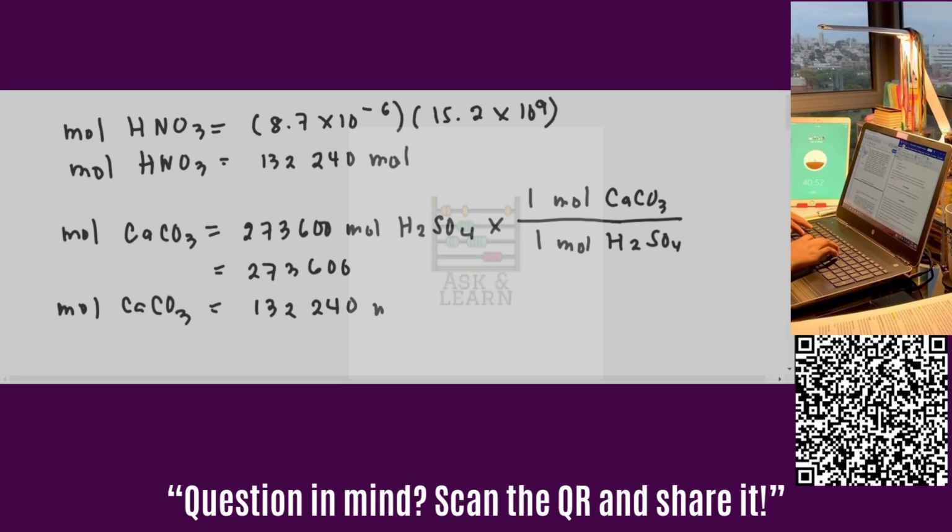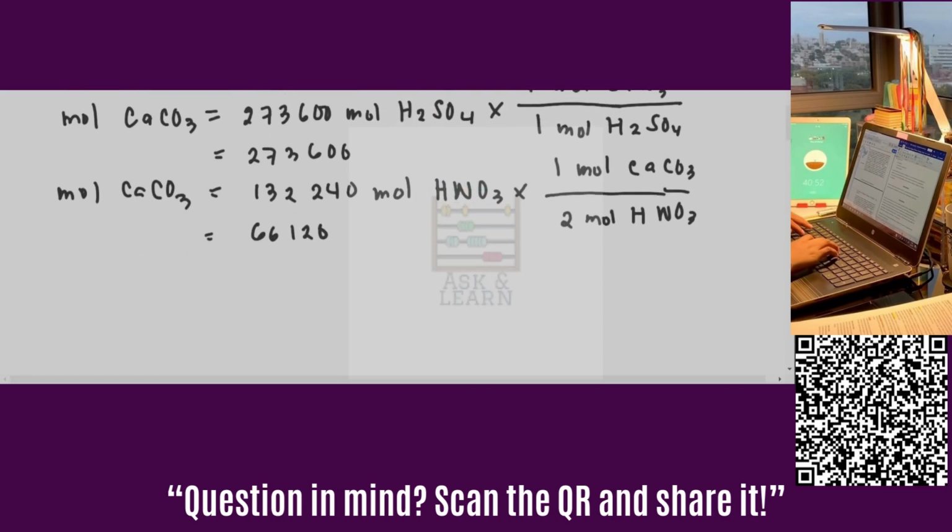Now for the moles of CaCO3 needed by 132,240 moles of nitric acid, we will use the fact that 2 moles of nitric acid requires 1 mole of calcium carbonate. So what we will get is 66,120.